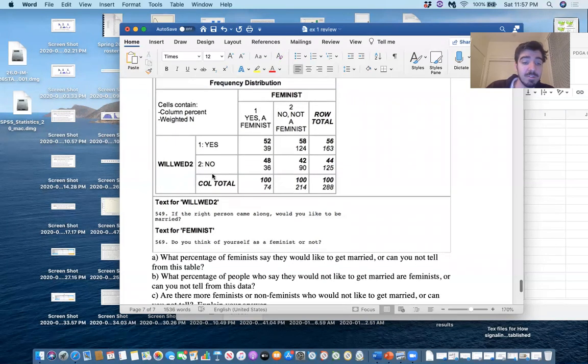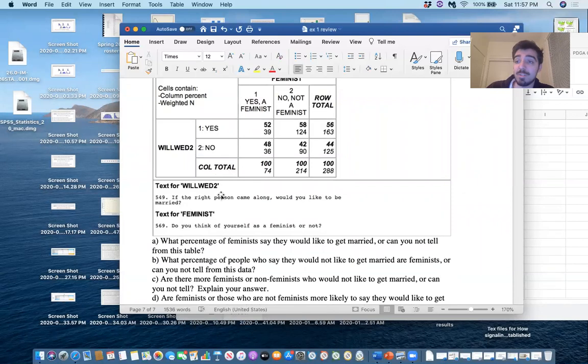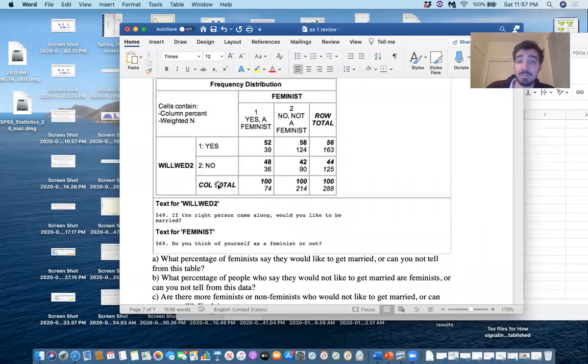So we have a bunch of tables related to this question. Before we answer any of them, though, we should figure out a couple of things. One, are we dealing with row percentages, column percentages, or something else? If we add across the rows, 52 plus 58 is more than 100, no good. 48 plus 42 is not 100, right?